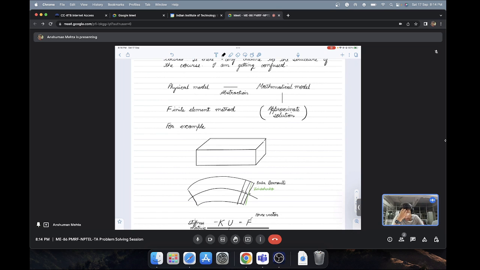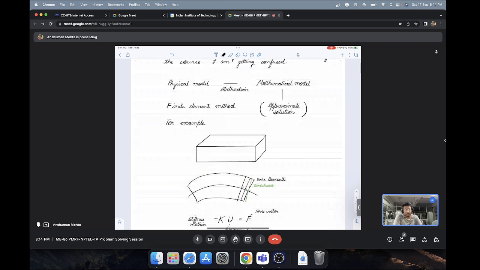Then for that mathematical model we use finite element method to find the approximate solution.